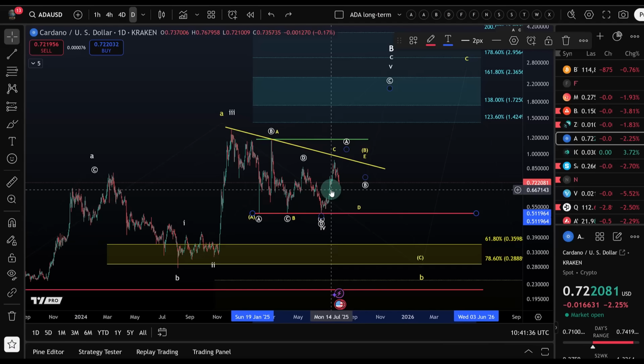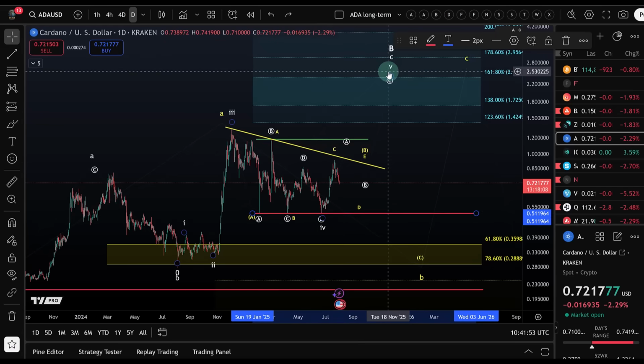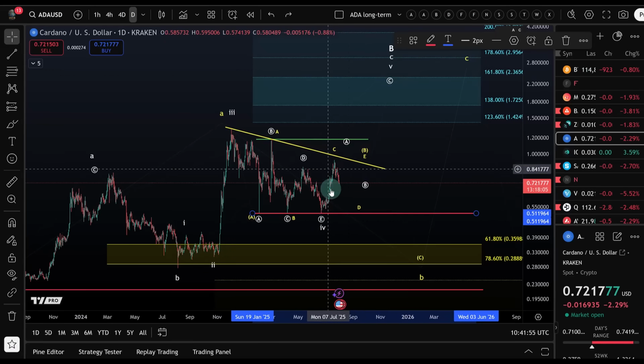Now, when we talk about the upside potential, I'm still tracking this as a potential ABC structure to the upside, and the wave 4 as a triangle might have completed. In the white scenario, we can still get a 5th wave to the upside. So far, we haven't seen a 5-wave move up from the June low.